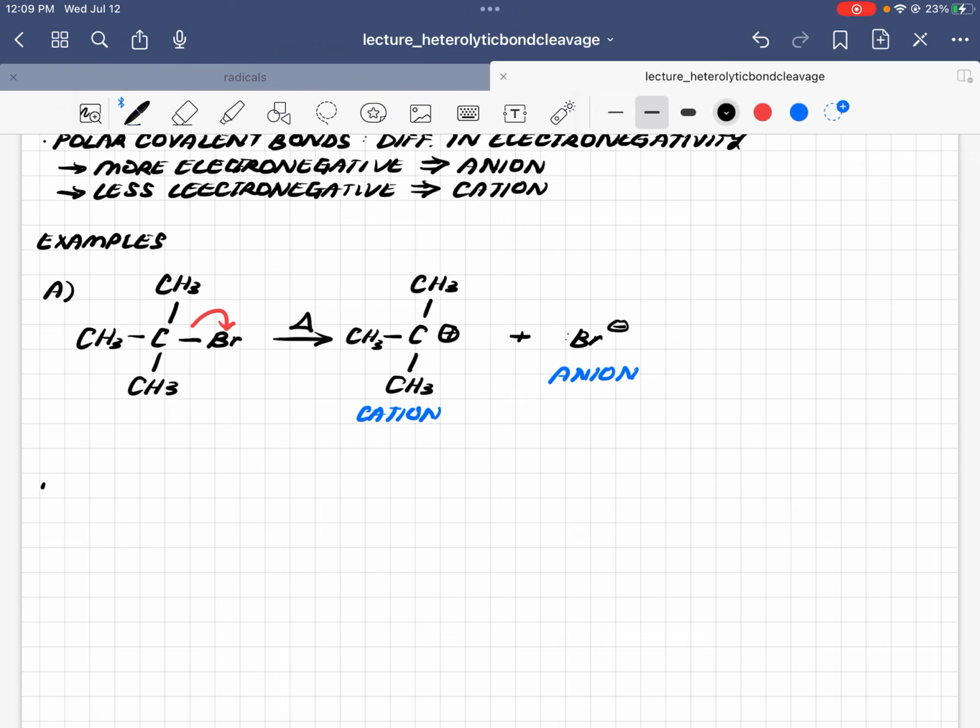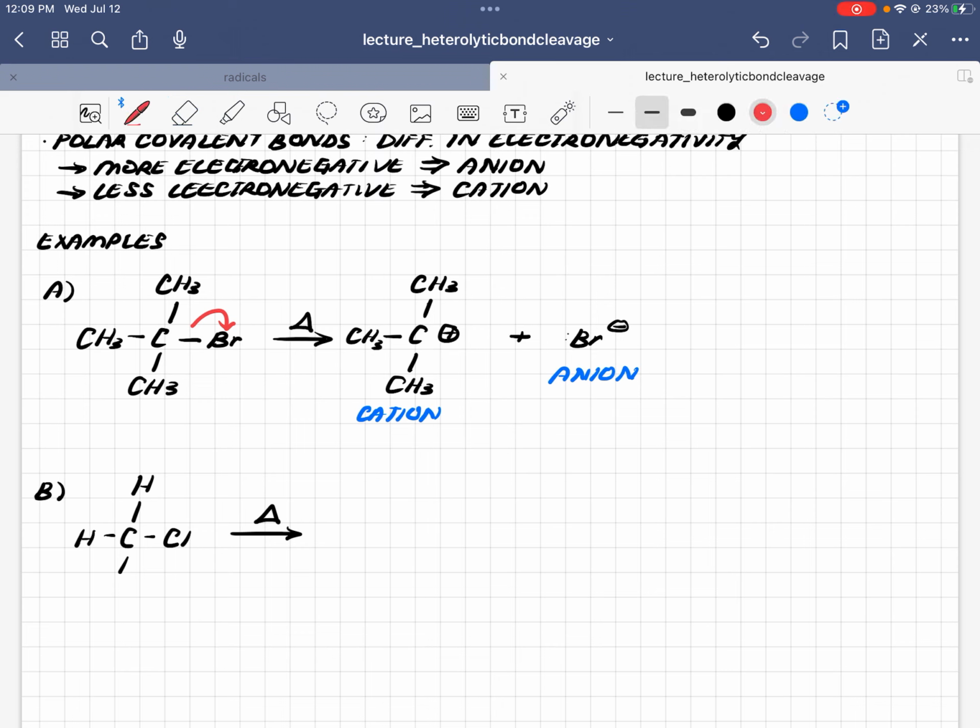Let's look at one final example. We might have a neutral species such as this, and in the presence of heat, we have a difference in electronegativity here.